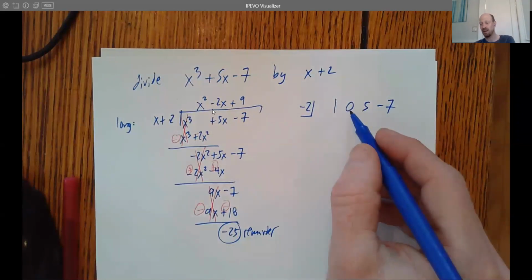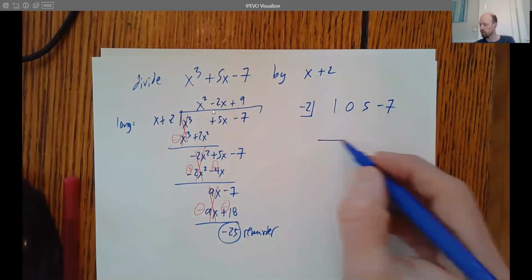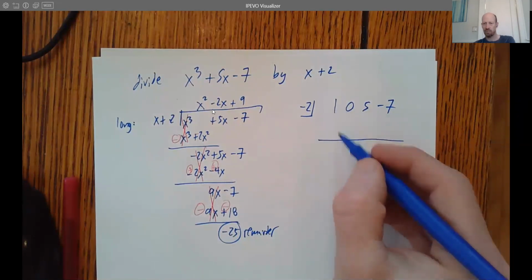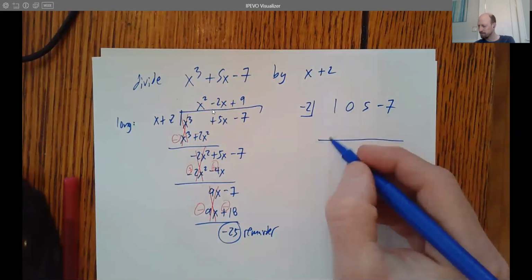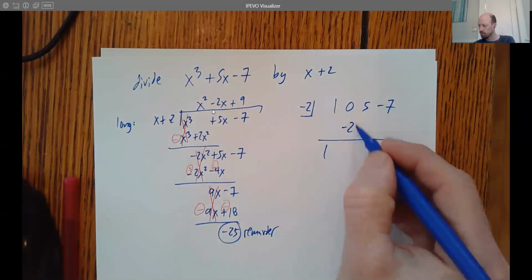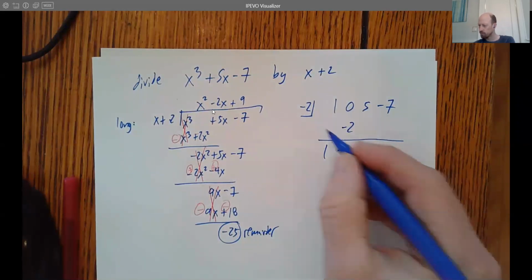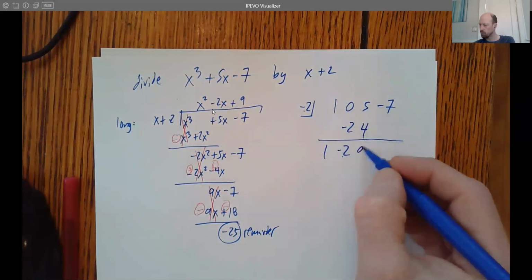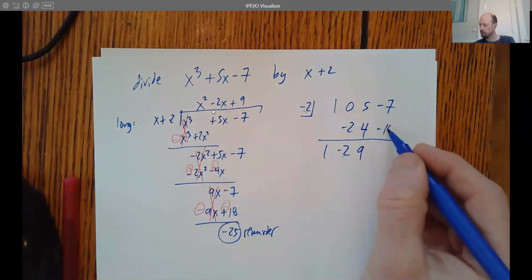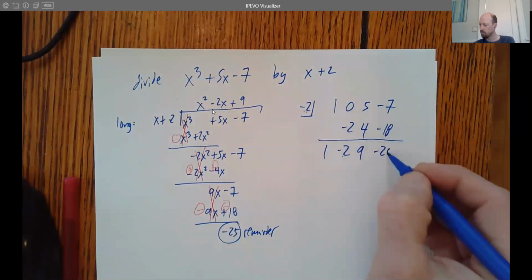But if it's missing something, I need a 0 there. That's important. Then the steps are: I bring down the numbers, I add, and then multiply. Add, multiply, add.